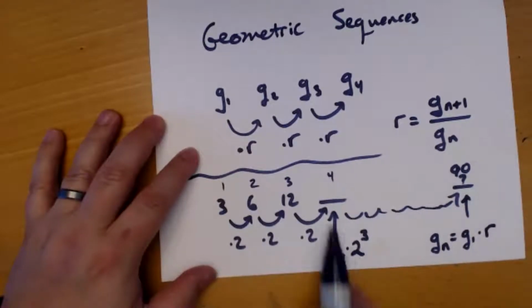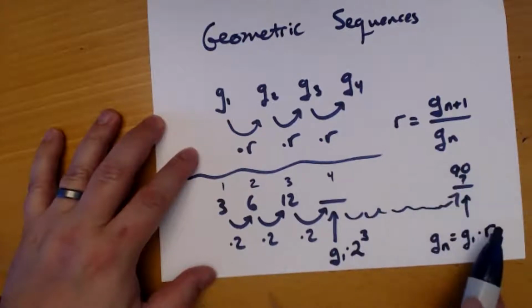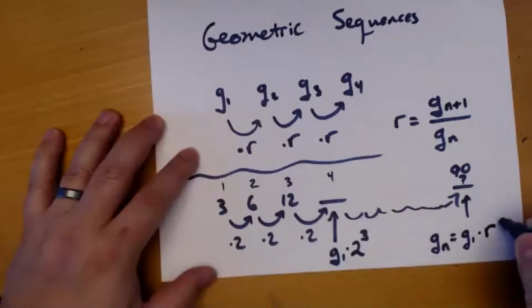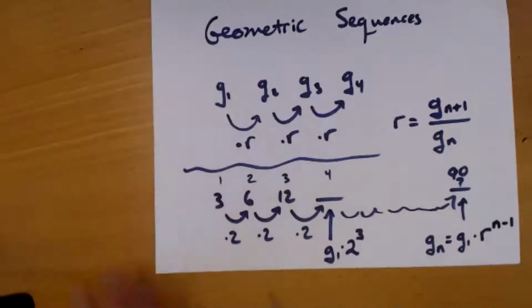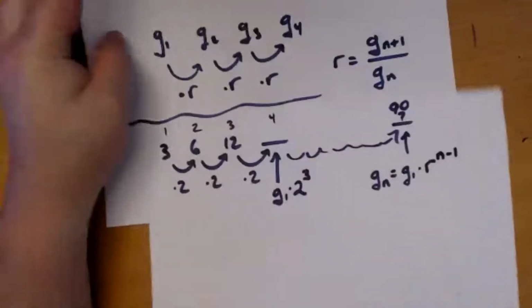And just like we saw before, to get the fourth term, I need 1 less. So to get the 90th term, I need 1 less. And in general, we can write it that way. And this is the formula for the nth term of a geometric sequence.